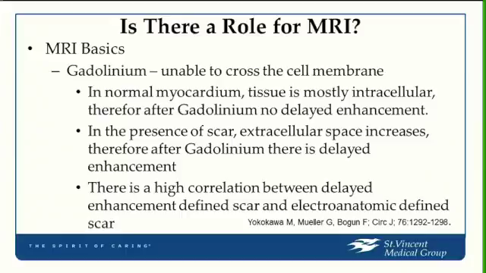In the presence of scar, dead tissue, the extracellular space increases, and therefore, after a few minutes, you have what they call delayed enhancement. The tissue with a scar picks up the gadolinium. And it turns out there's a very high correlation between delayed enhancement-defined scar and electroanatomic-defined scar.